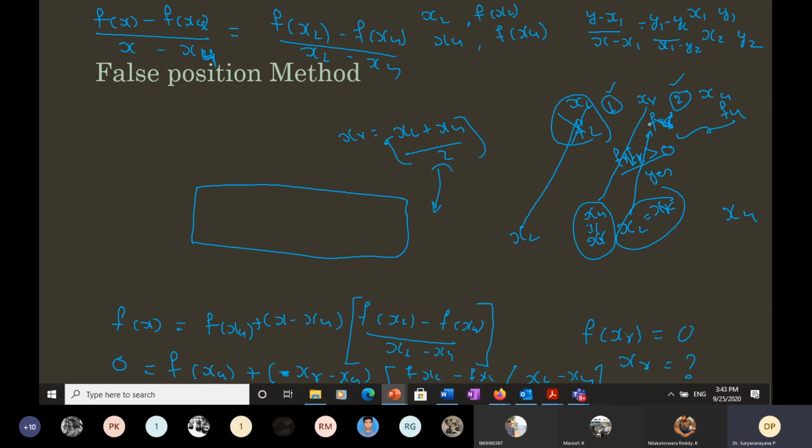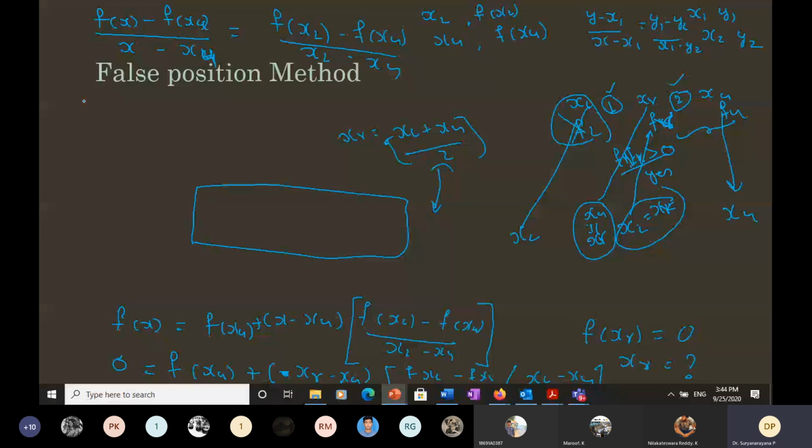If the product is greater than 0, whatever product I'm testing, then I'll make XR the new XL, and the old XU stays. If that is less than 0, then I'll keep the XL, throw away the old XU, and XR will become the new upper limit.